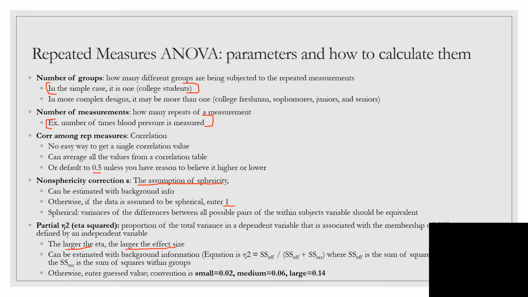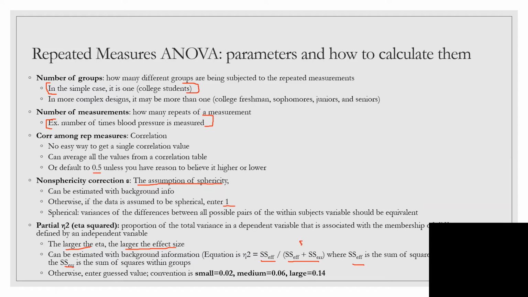A lot of times you can get an ANOVA table out, and the equation for an eta squared is the sum of squares of the between groups or effect, and then the total, which is the sum of the sum of squares between the effect and the error. So that gives us the total here.